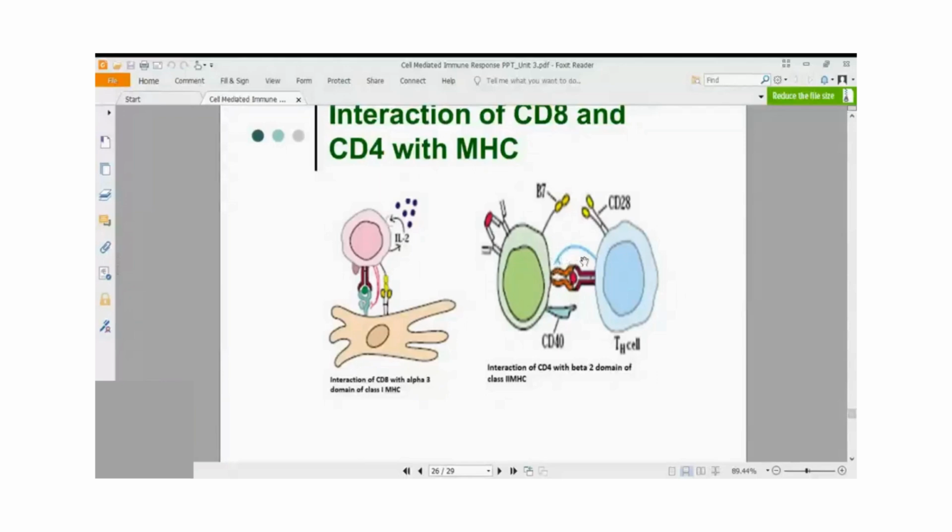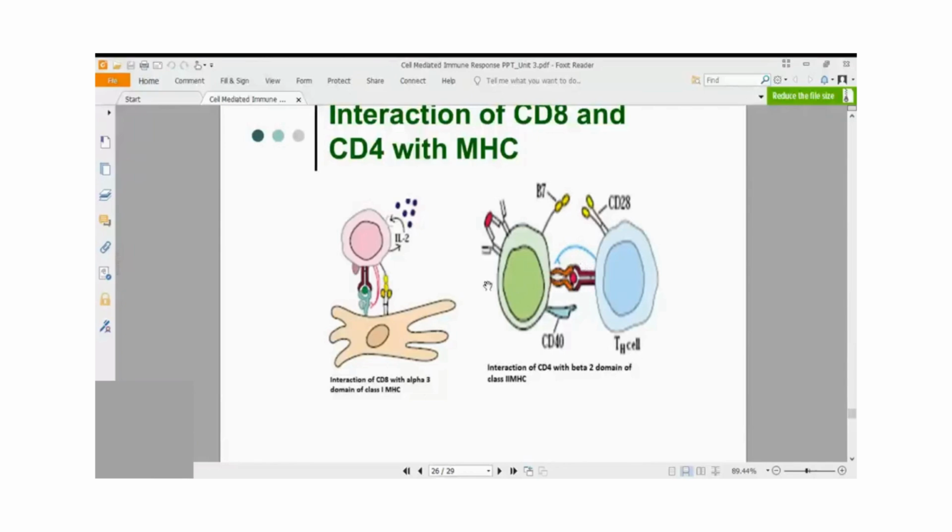And the triple positive T lymphocyte, which had CD4, CD8 plus TCR plus CD3 complex, will now delete the CD8 receptor because it was selected for class 2 MHC.